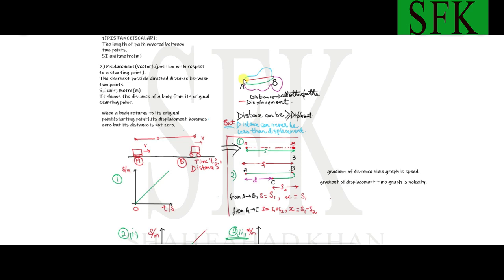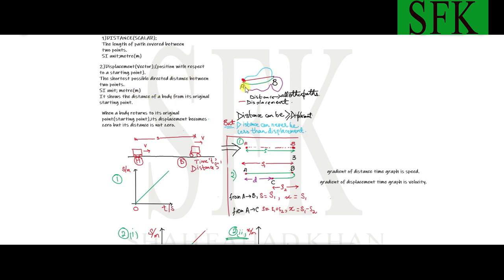If I take A as my starting point, the shortest possible distance from A would be the displacement of B. If we talk about the displacement of B from A, this red line would be the displacement of B from A. So the shortest possible distance with respect to a starting point is the displacement. Its unit is also meter. SI unit is meter. It shows the distance of a body from its original starting point only.